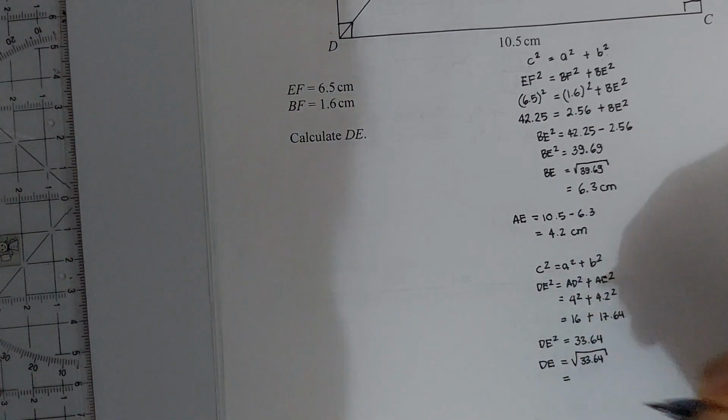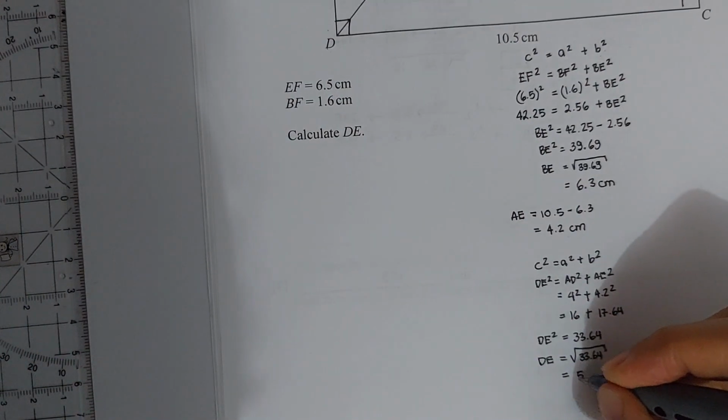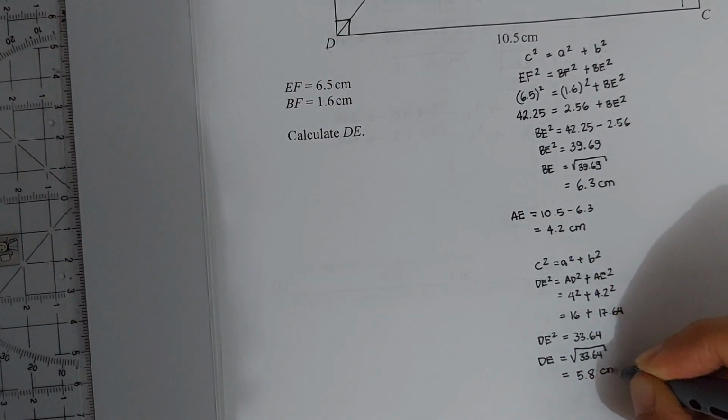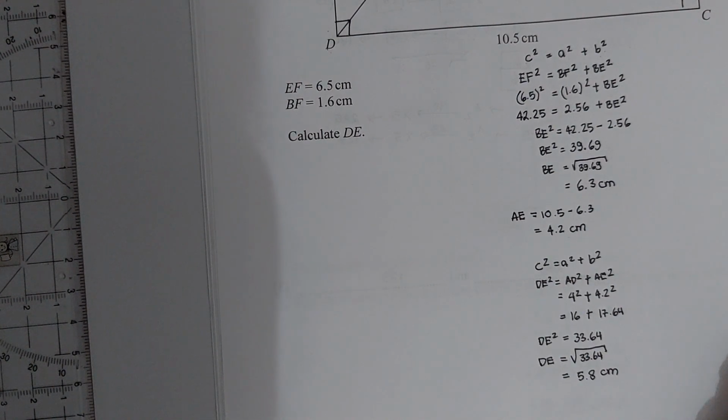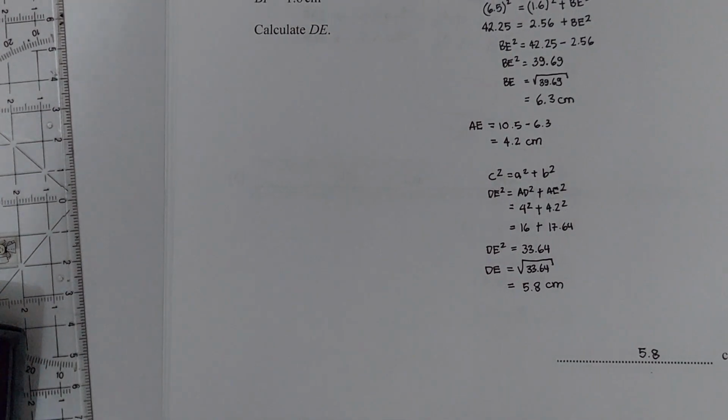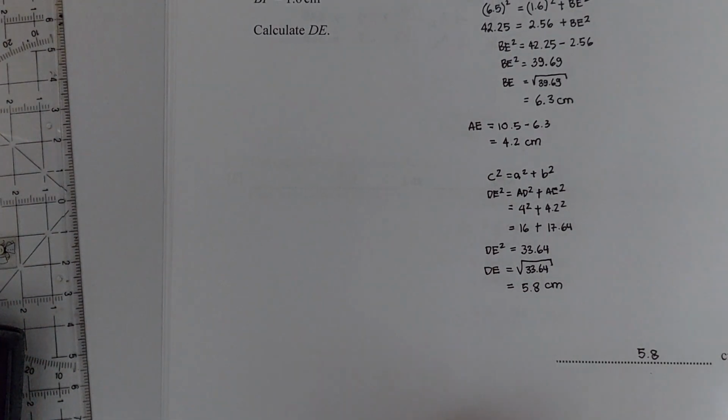The square root of 33.64 will be equal to 5.8 centimeters. So the answer will be 5.8 centimeter, guys, like that one. Okay, guys, so that's the working. This will give you 4 points.